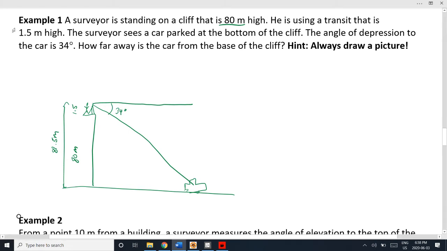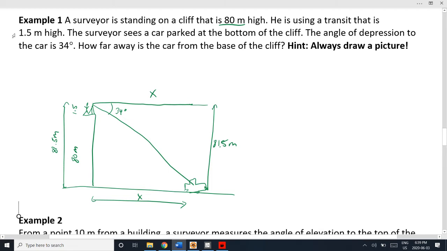So we want to know how far away from the base of the cliff is this car. Some things that we can realize here is that if we draw a line straight across, the distance between here and here is also 81.5 meters. Okay, and we can start answering this. So we're looking for this distance here, which is the same as the distance from the cliff bottom to the car.